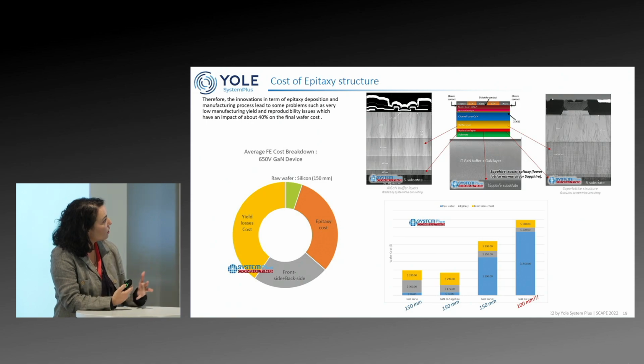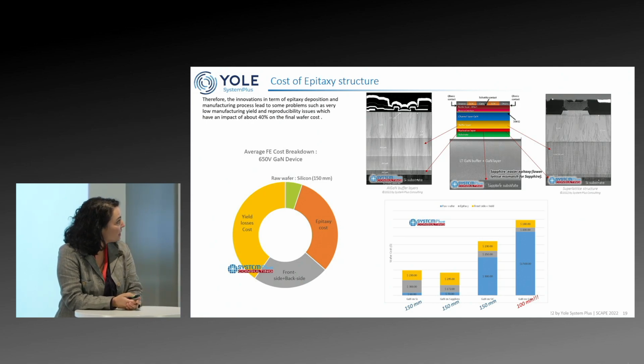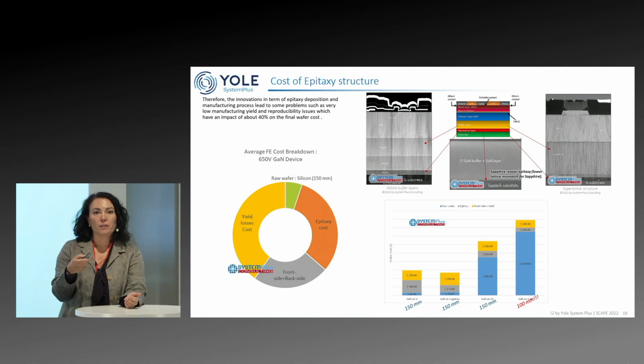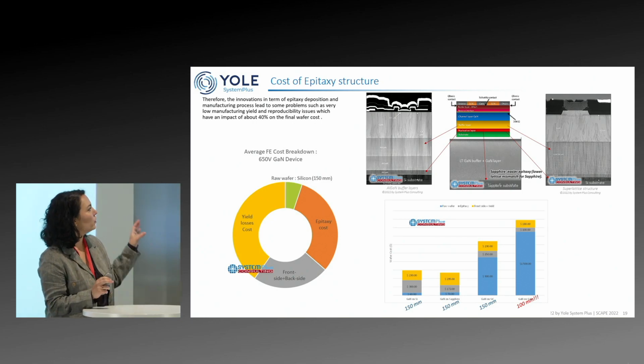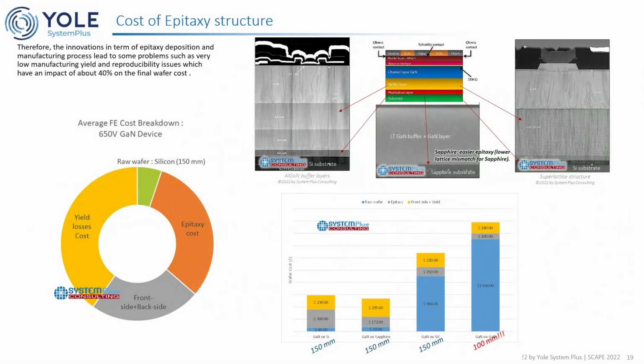If we go step by step, the first step is the epitaxy. Here I show you there are mainly three types of epitaxy. Epitaxy is the most important part for gallium nitride because it's where everything is going on in terms of stress and the performance of the device. You have to control the growth of the epitaxy to optimize the performance of the substrate, since you grow aluminum nitride on silicon or on sapphire.